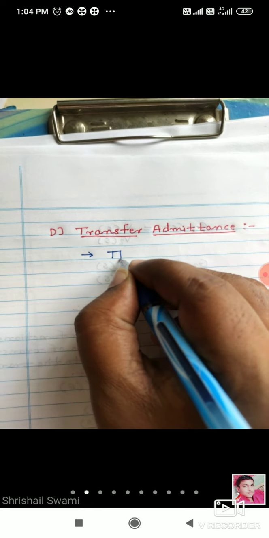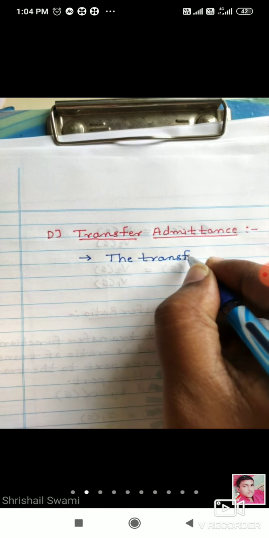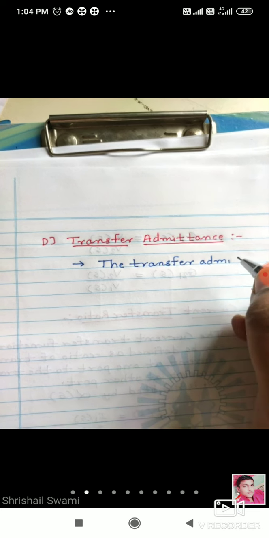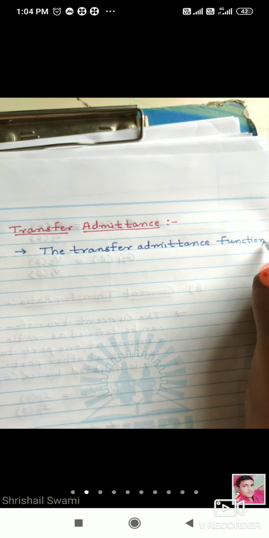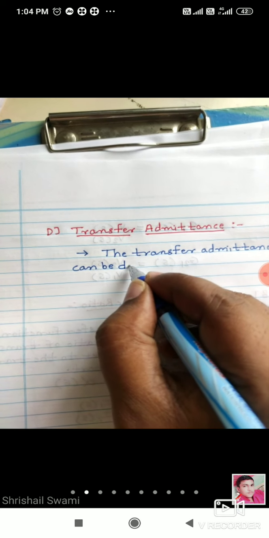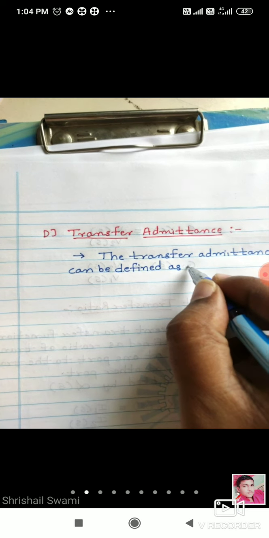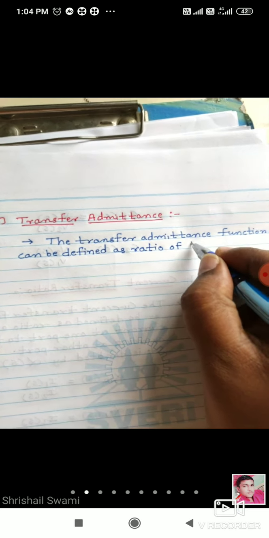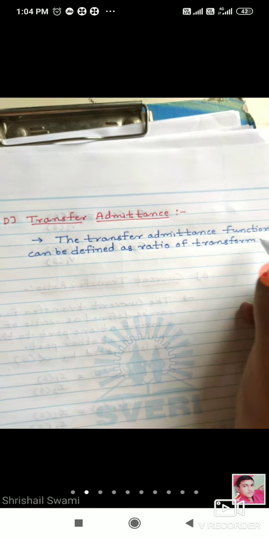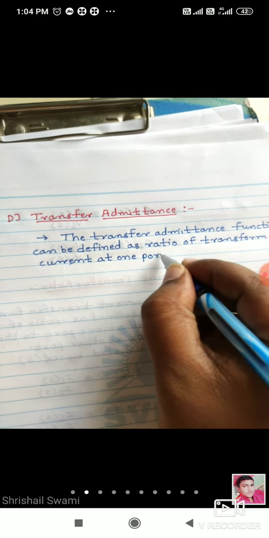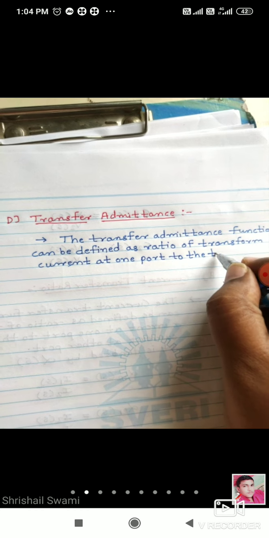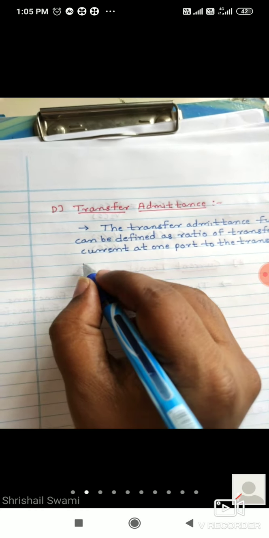Okay, so last definition, the transfer admittance function can be defined as ratio of transform current at one port to the transform voltage at other port.